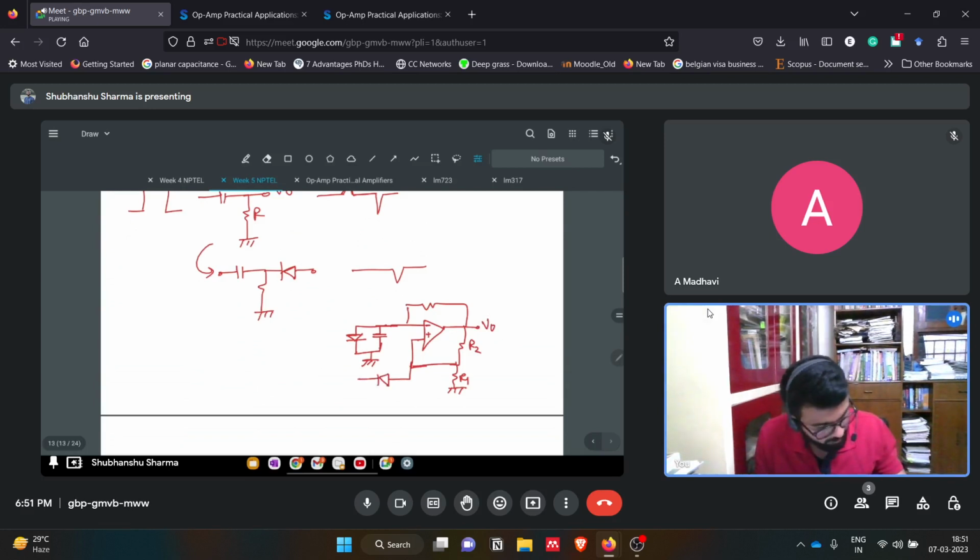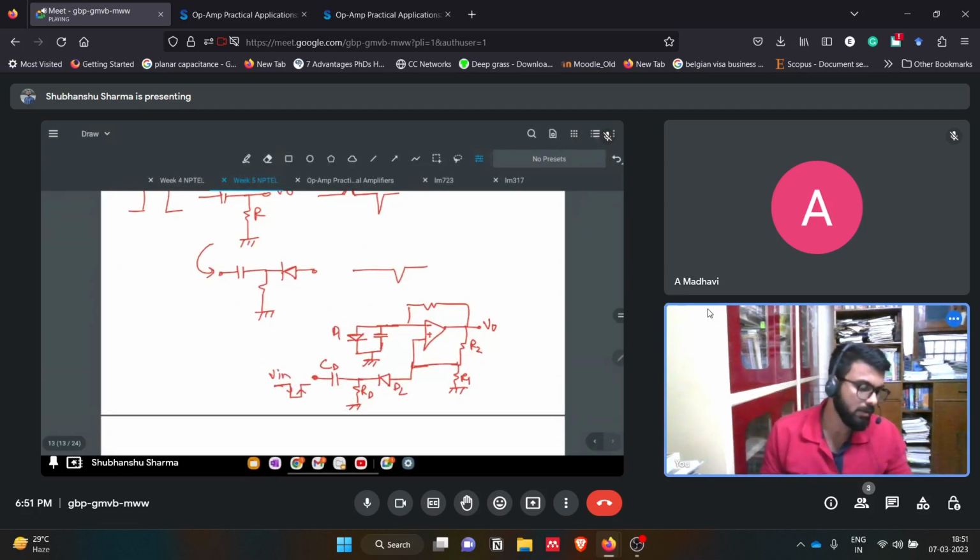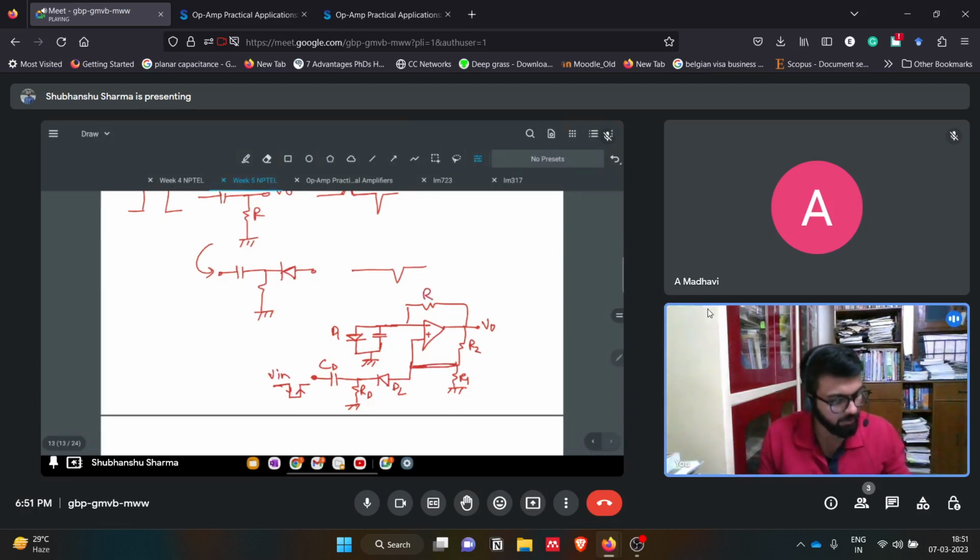This is C, R, D1, D2, and this is the square impulse we can give as V input. It will allow only the positive trigger, and based on that we can achieve the monostable multivibrator characteristics from this circuit. Fine.